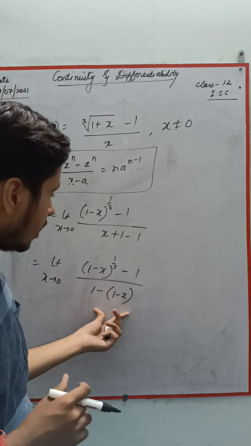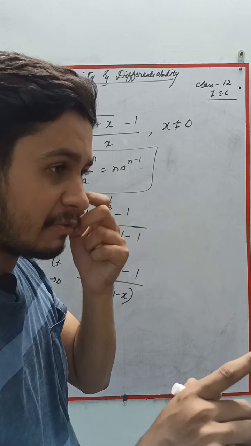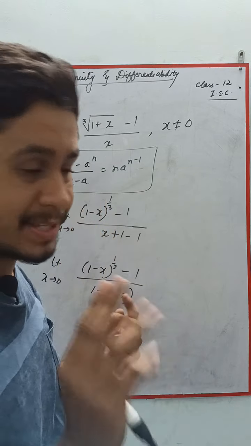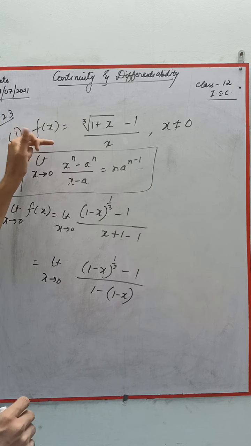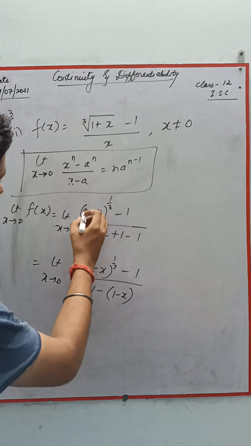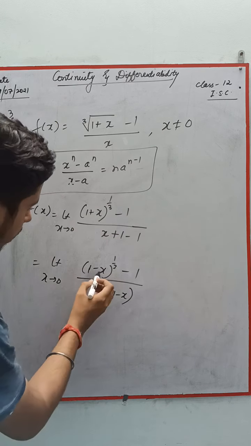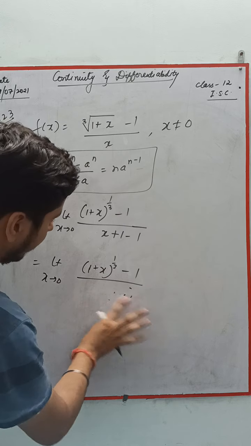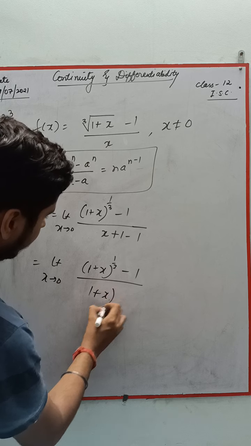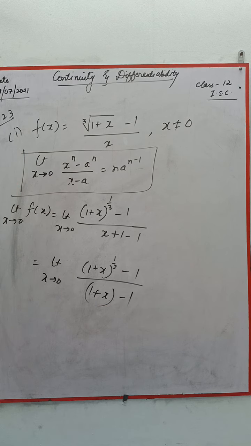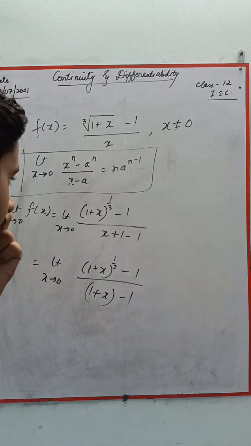Even if you are correct at your place, and you are finding any difficulty, please go to the question and check whether you have written it correctly. The same happened with me. Okay, it is plus over here. Now we have to arrange that in the proper way. That means 1 plus x here and minus of 1. Now the things are totally correct.